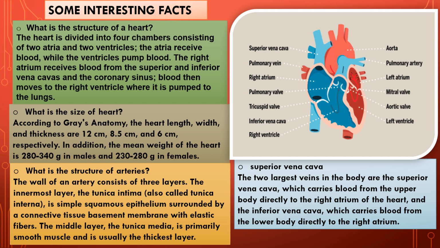You can see in the diagram superior vena cava, pulmonary vein, right atrium, pulmonary valve, tricuspid valve, inferior vena cava, right ventricle, and aorta, pulmonary artery, left atrium, mitral valve, aortic valve, and left ventricle has been shown.